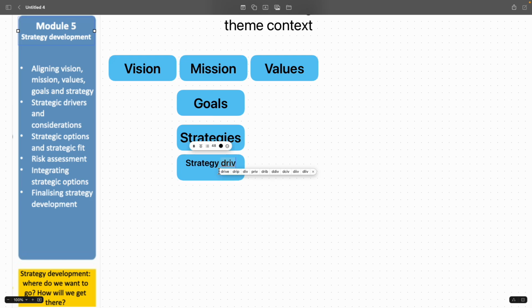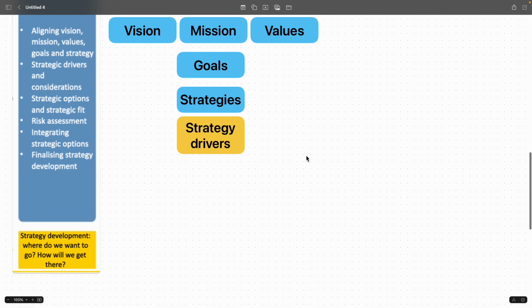something called strategy drivers. Are we okay? So you have something called strategic drivers, which is a different idea. So strategic drivers come in place, and then you have options. Okay, once you have your options, then comes one more.